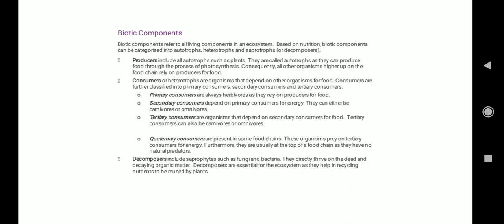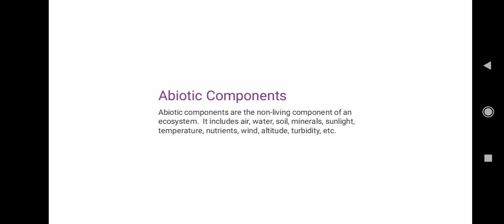Decomposers are essential for the ecosystem as they help in recycling the nutrients to be reused by the plants. Abiotic components include, as I said earlier, air, water, soil, minerals, sunlight, temperature, nutrients, wind, altitude, even turbidity.